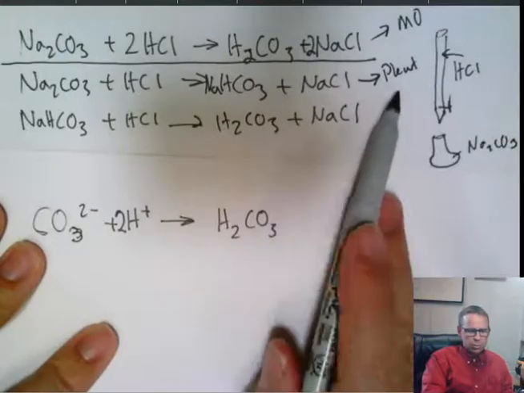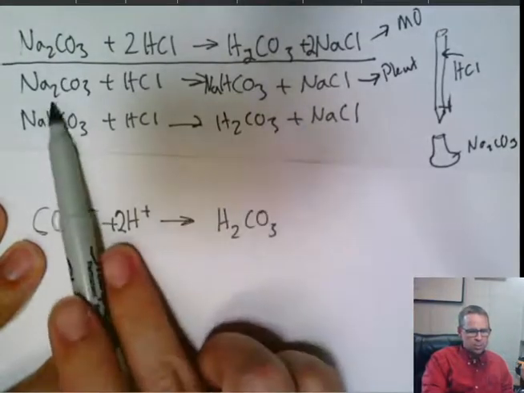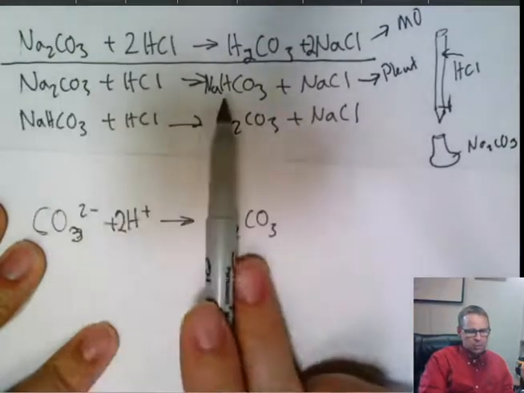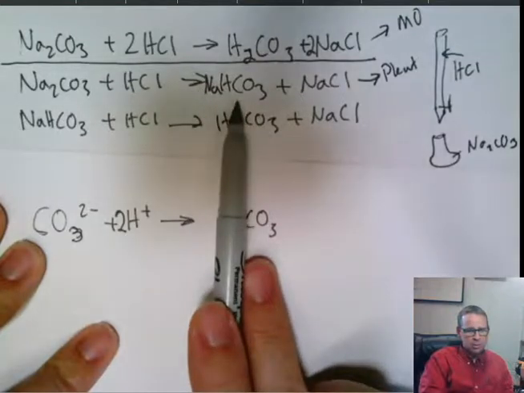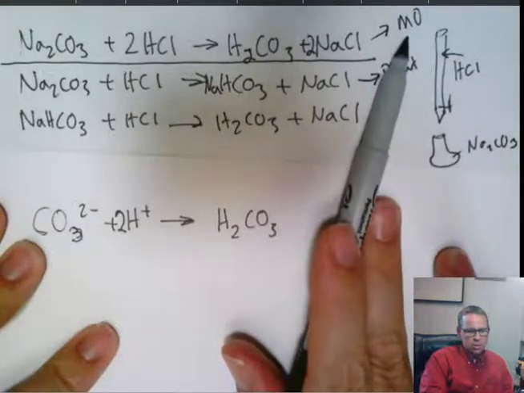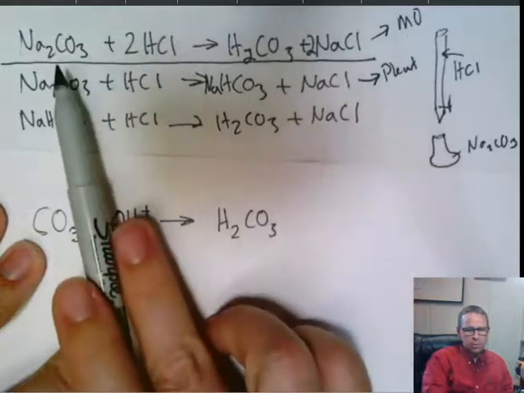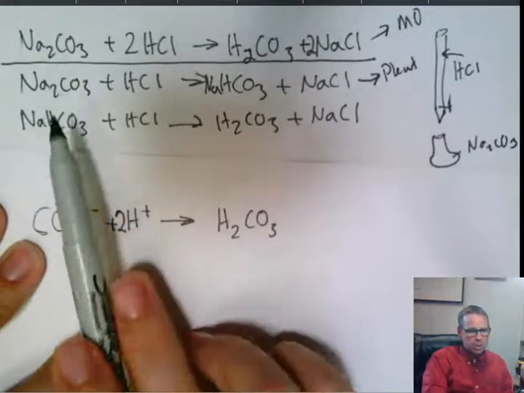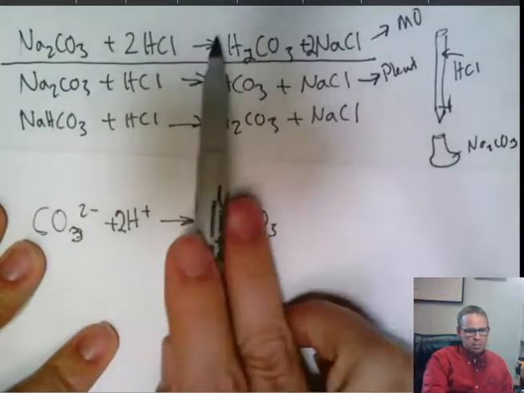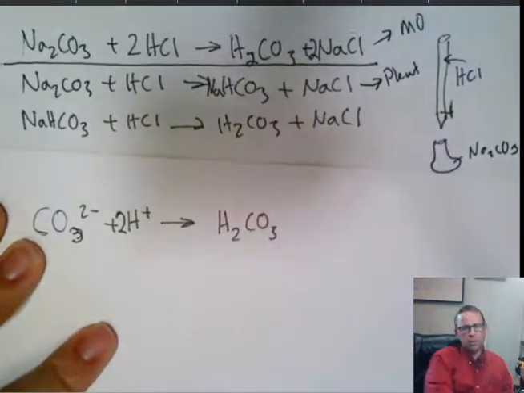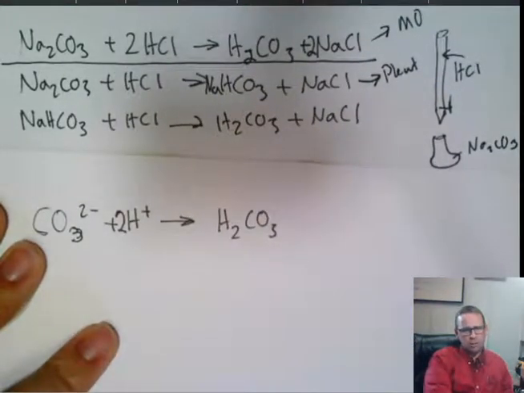So we have 2 tools. The phenolphthalein allows us to see when all of the carbonate is converted to bicarbonate. And the methyl orange allows us to see when whatever we started with, whether it's sodium carbonate or sodium bicarbonate, has been converted completely to carbonic acid.